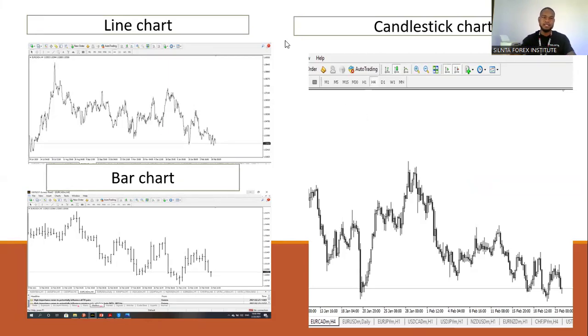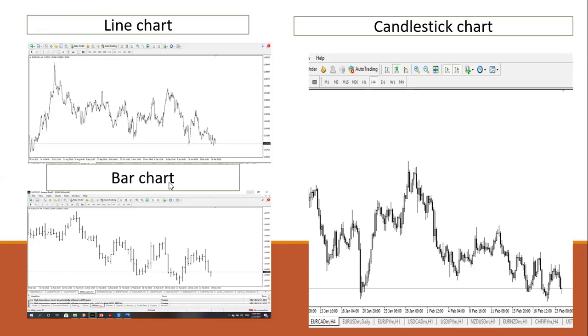Fine. Let's proceed. Last but not least, we are going to look at types of charts. Type of chart is simply how price gets displayed. How do we read price in Forex? This concept is more like what we used to do at school.